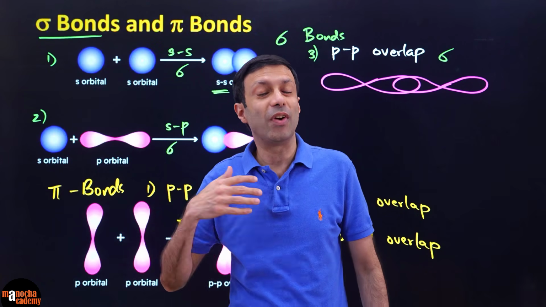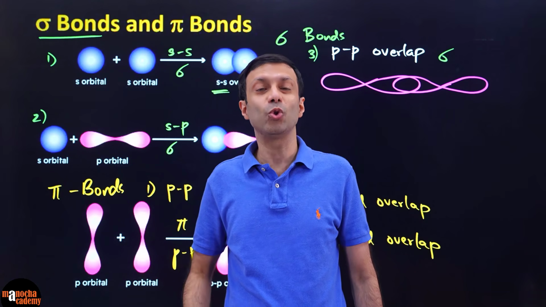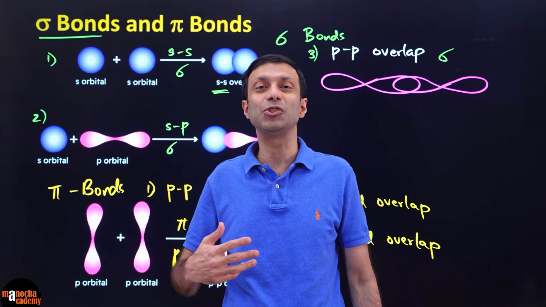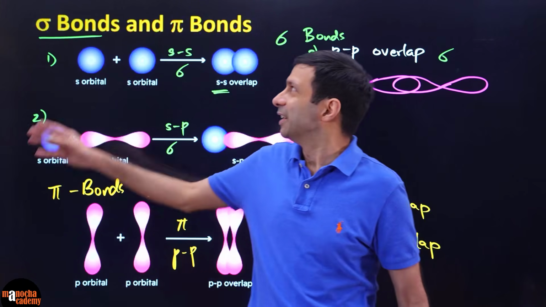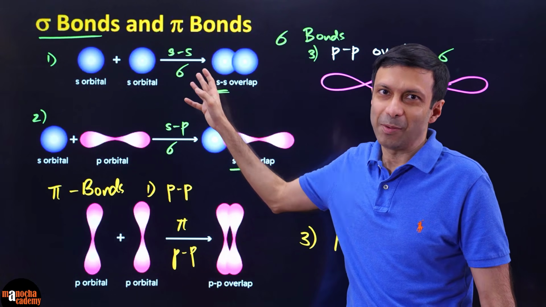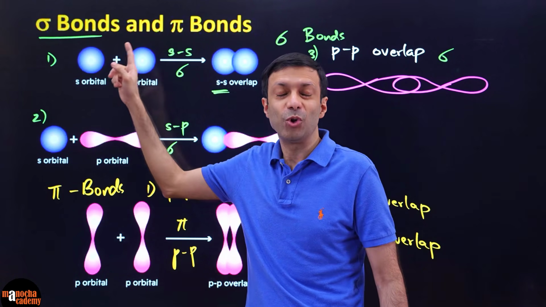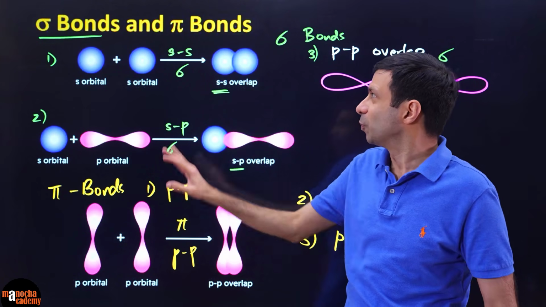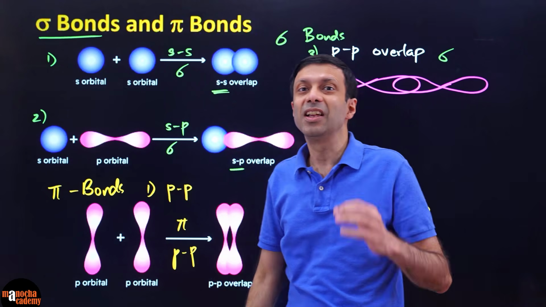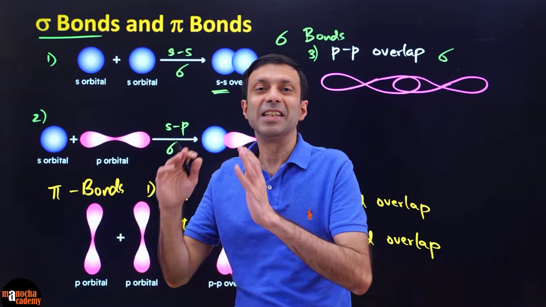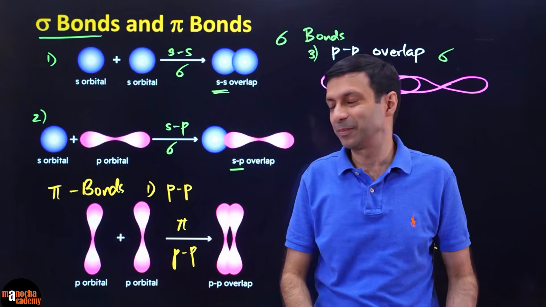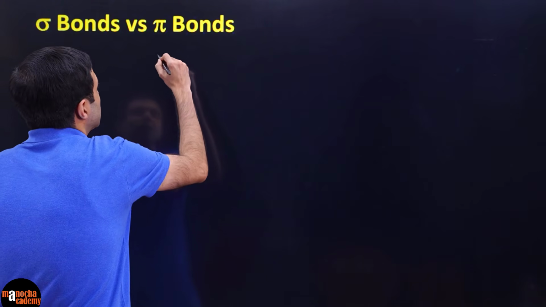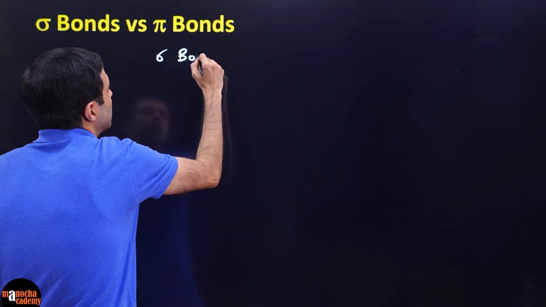So remember, according to valence bond theory, we have discussed there are two types of overlapping which give rise to these two types of bonds, sigma bond and pi bond. In sigma bond, you have head-on overlap. In pi bond, you have parallel overlap. So please remember this, and let's write down the differences between sigma and pi bond. So come on, let's make this difference table. So if you write over here sigma bond versus the pi bond.